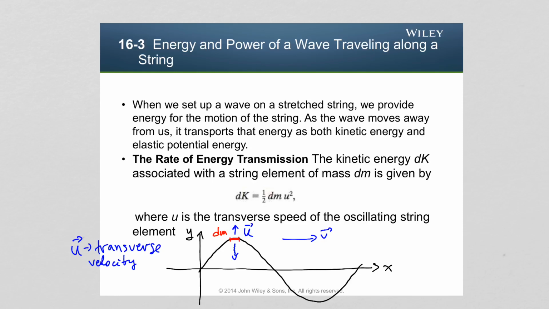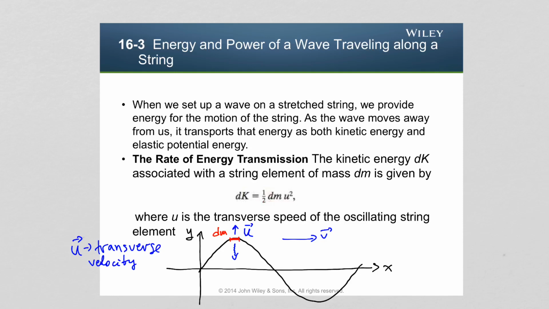Well, so if I combine those two, the mass of the small element of the rope, dm, and the transverse velocity, and apply that to the definition of kinetic energy, then I get that the kinetic energy for this mass element as it's moving vertically up and down like so is calculated as 1/2 the mass of the element dm times the transverse velocity to the second power.